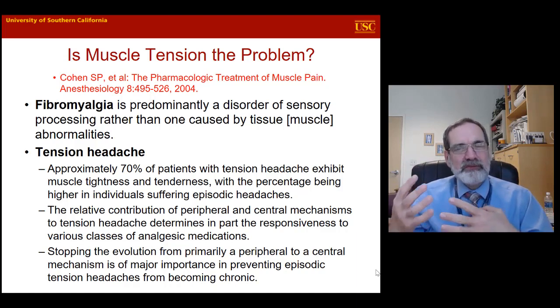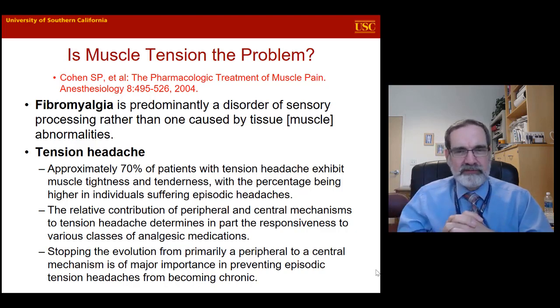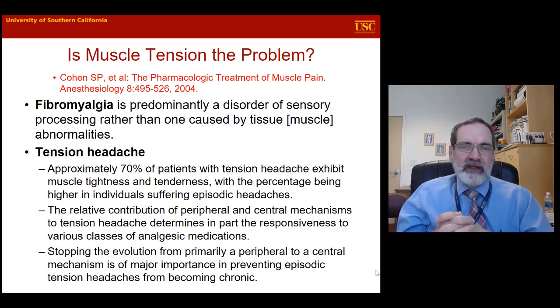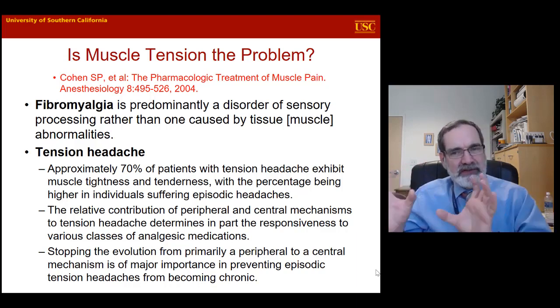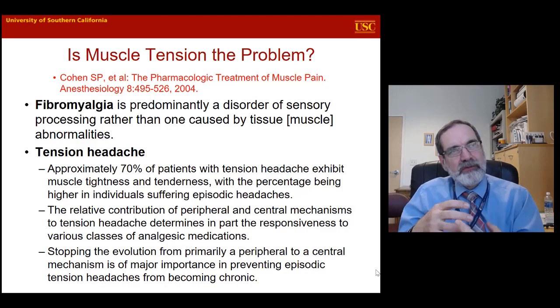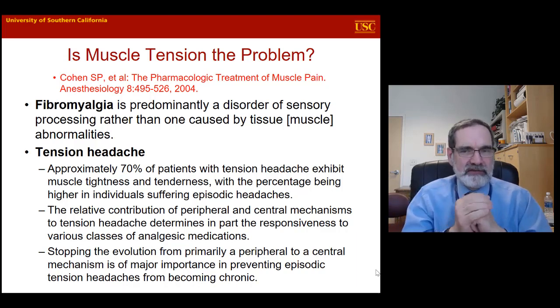And the muscles themselves are probably becoming less and less important. So there's a mix of what we might call peripheral and central mechanisms. Peripheral being more the muscles, and central being more the central nervous system, that contribute to tension headaches.